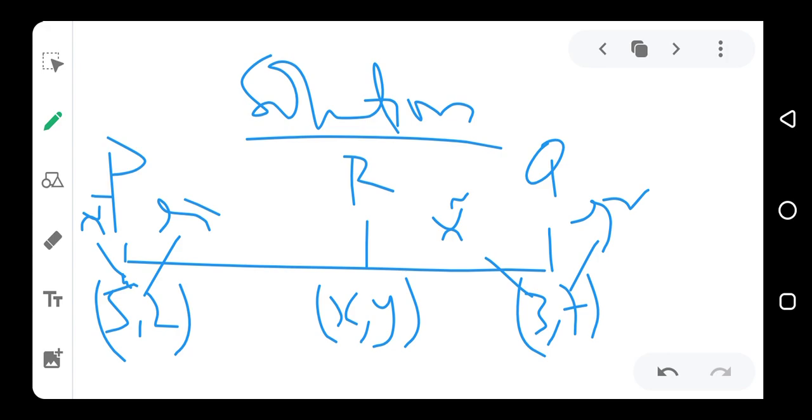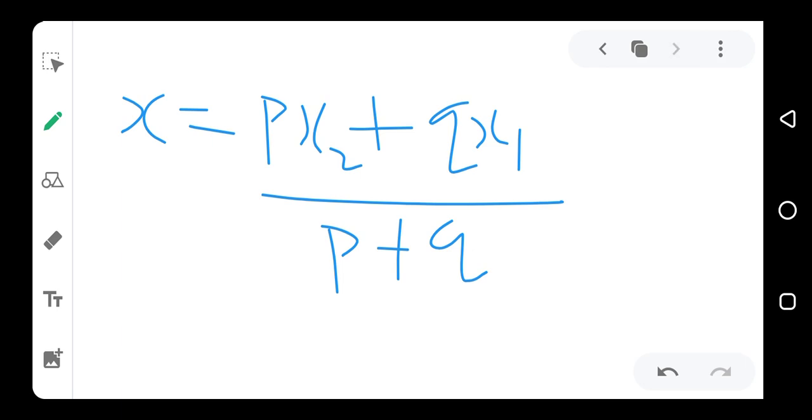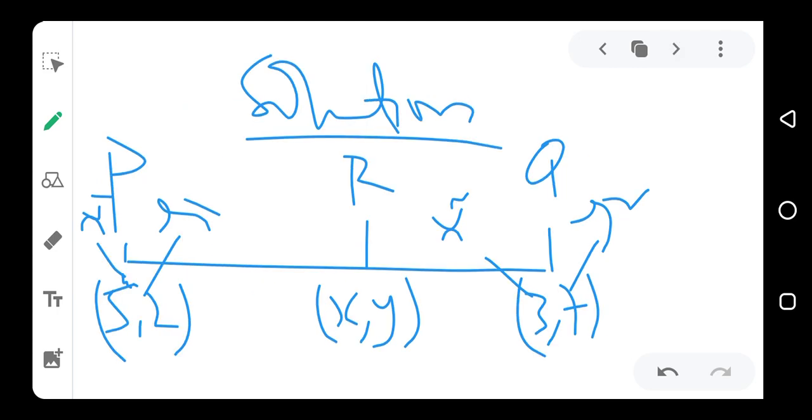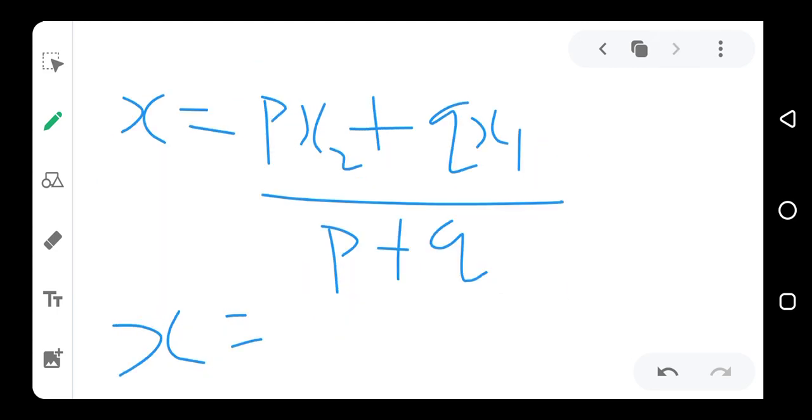Now we put everything there, so we have that x is equal to, our p is what? Our p is 4, from the ratio 4 is to 3. So p is to q is equal to 4 is to 3, so p is 4 and q is 3.